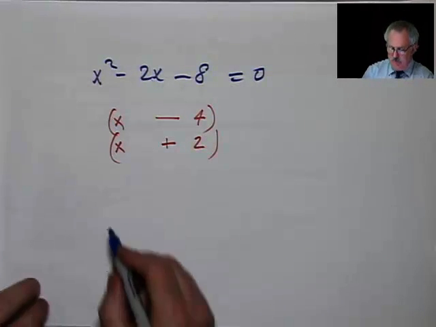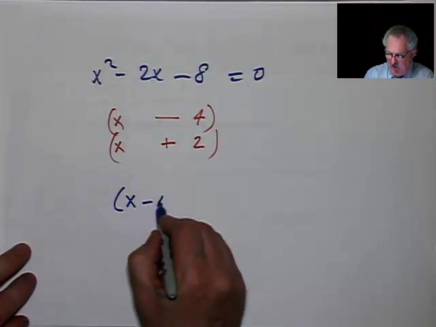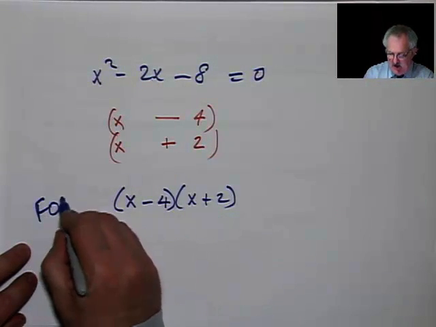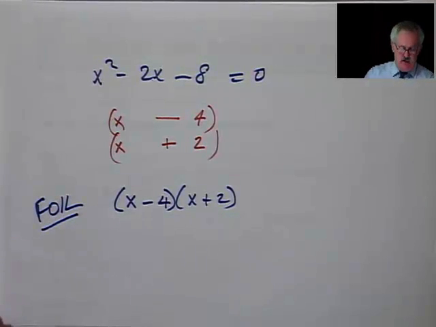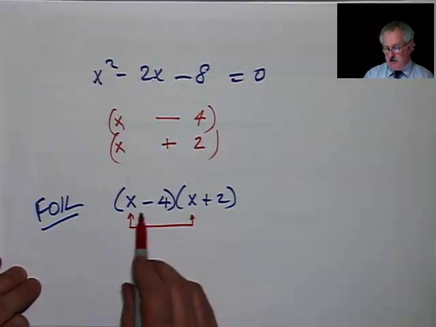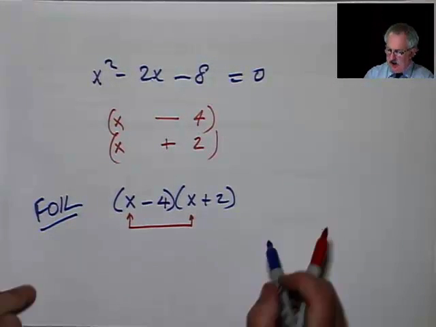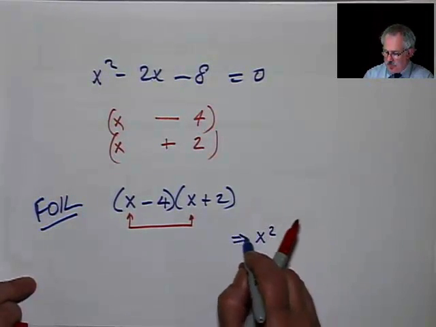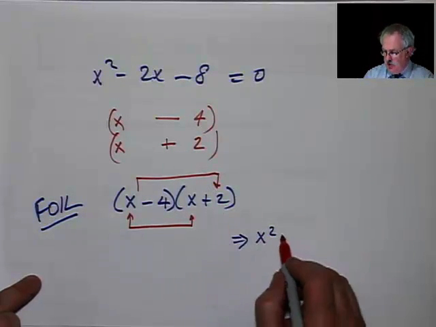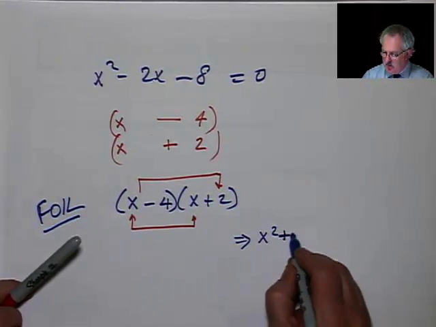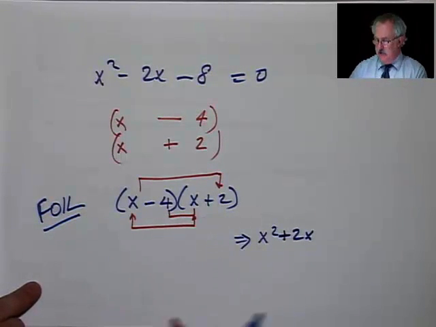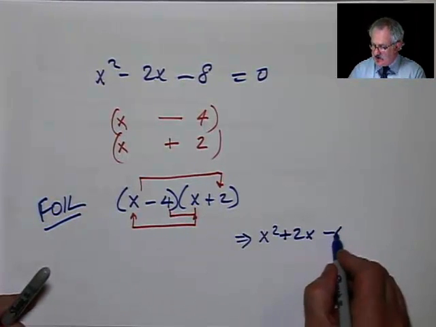We could prove that. Americans call this the FOIL method when they multiply. They say first, outside, inside, and last. The first: you take the first in each bracket, x by x, and that gives you x squared. Then the outsides, x by 2, gives us 2x. Then the insides, minus 4 by x is minus 4x.